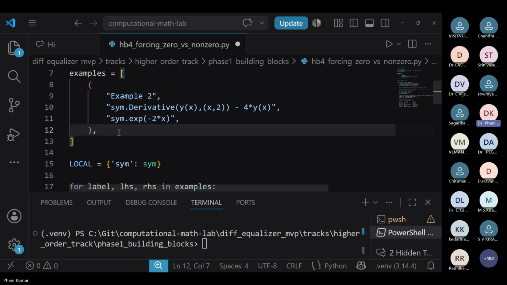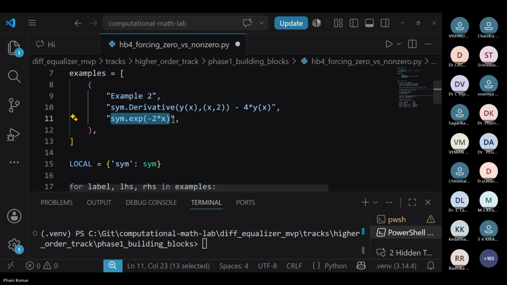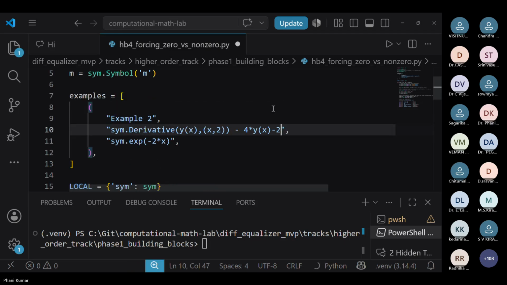For the repeated roots example we are taking d square y by dx square minus 4 into dy by dx plus 4y.